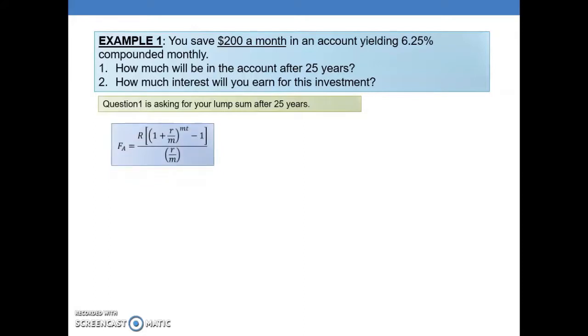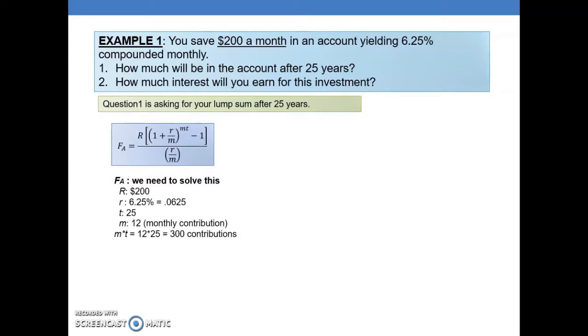And we mentioned in the previous slide that the formula to get the lump sum is this one right here. And as you can see, FA is what we need to solve. Your R, which I underlined, is $200. The rate is the 1 in percent, which is 6.25%. And if I were to write that in decimal form, that comes out to 0.0625.